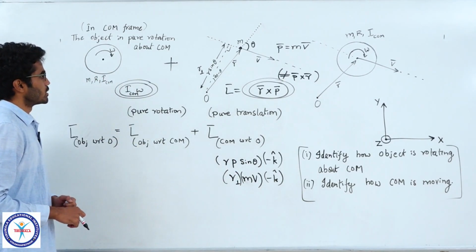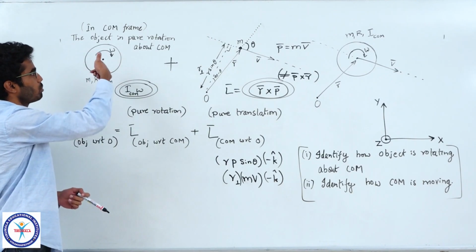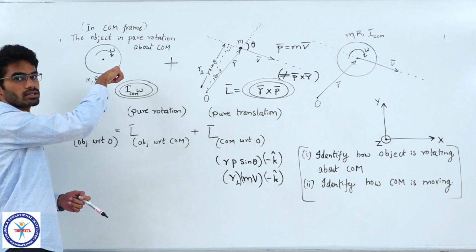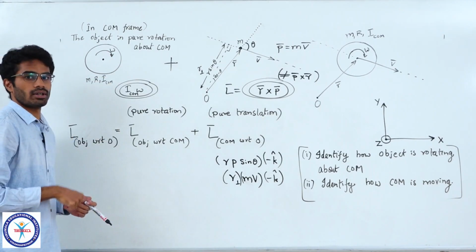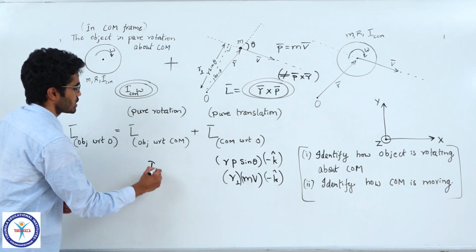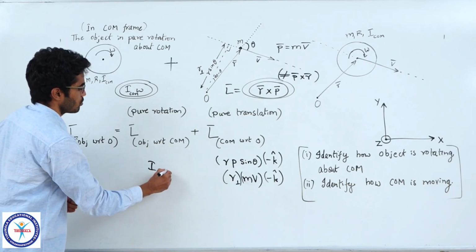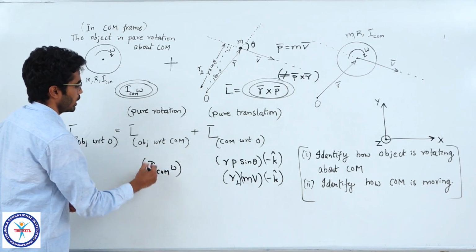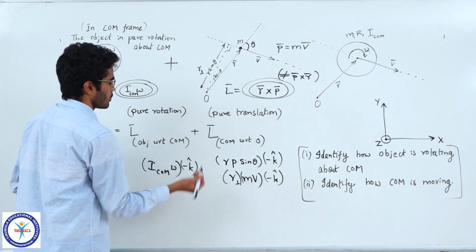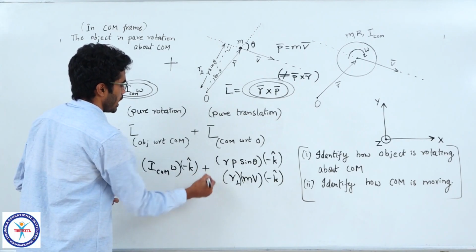Let us take a look at this. We have omega sense clockwise here. So, if you curl your fingers along this direction, the thumb points the angular momentum vector. So, our angular momentum in this case for pure rotation will be I center of mass into omega in the direction inwards, so minus k cap. So, we have to add these two.